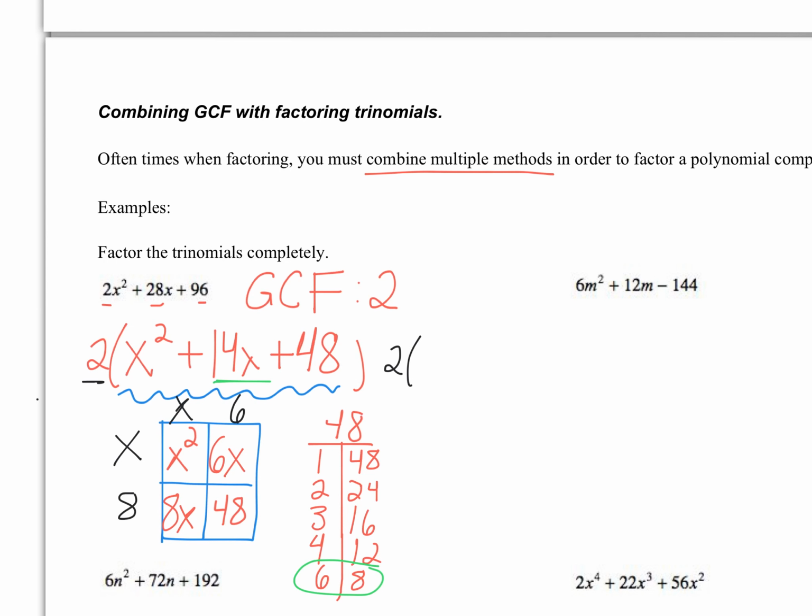But then, instead of that trinomial, I now have 2 binomials. I have x plus 8 and x plus 6. There's my final factors. So GCF, then factoring trinomial.